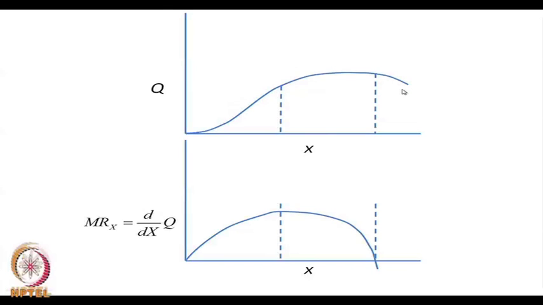This rate of change is basically the marginal product. This should be MPx and not MRx. It should be dQ/dx. So, the slope of this line is positive and is growing, so the marginal product value is also growing till a point of inflection comes where the value decreases.